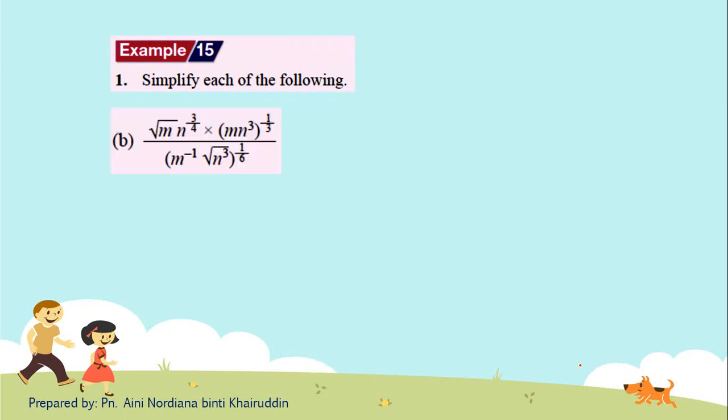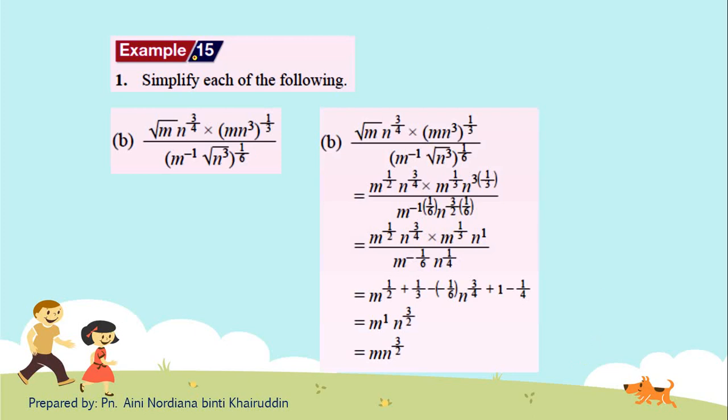Look at this B. The first step, square root of m here, we change to m to the power of 1 over 2. If you have cube root of m, then it becomes m to the power of 1 over 3.